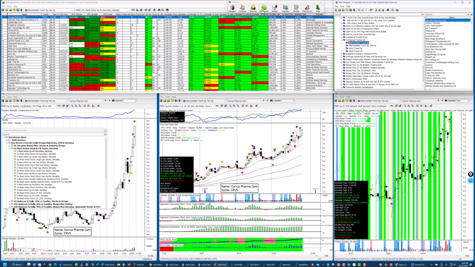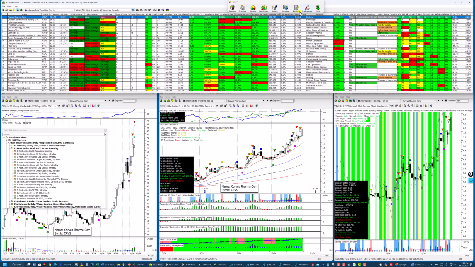So if I click through to that, and I'm still in most active up, all securities intraday, these are the intermediate trend stocks, and the fan is not up yet, or maybe it is by now. So let's bring this one up.